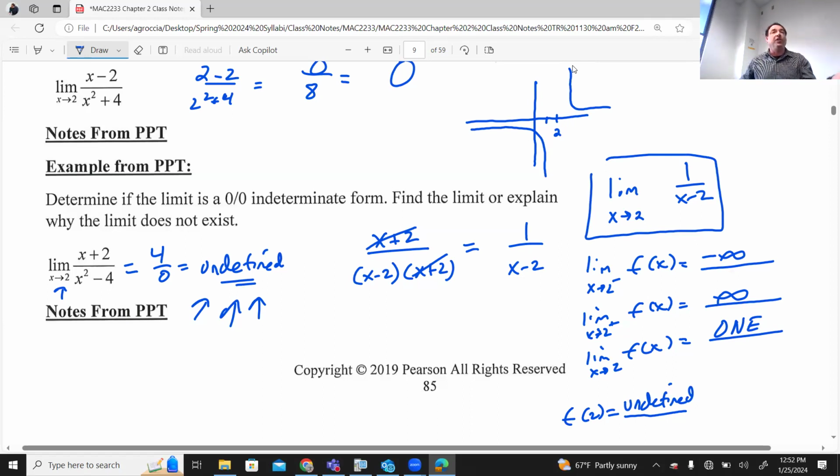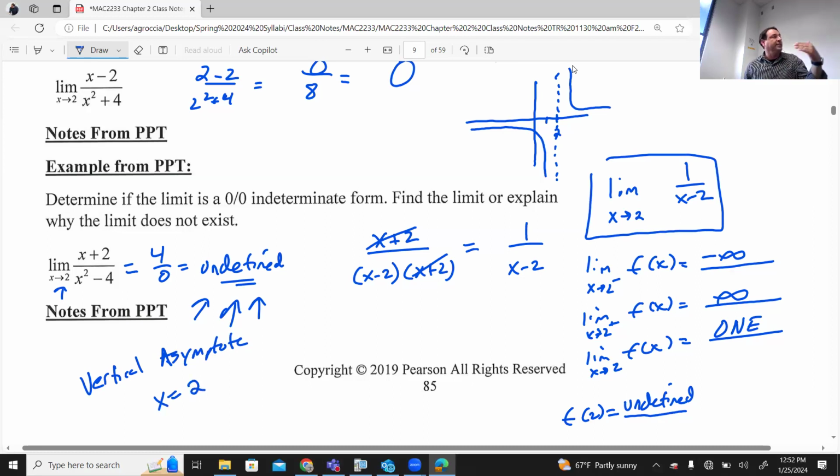Now, how does this all connect with what we've been doing? You've just discovered through limits that you have a, what's this thing called? A vertical asymptote. And what's the equation of that vertical asymptote? x equals 2.